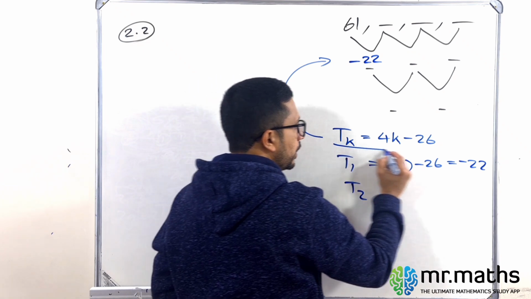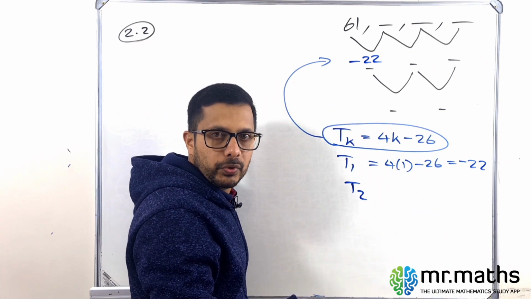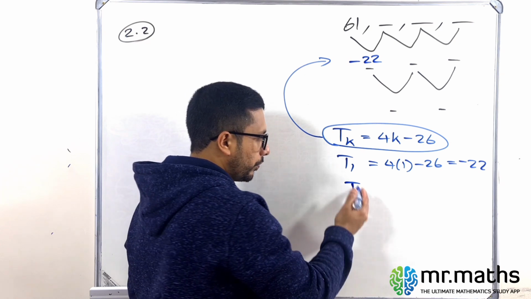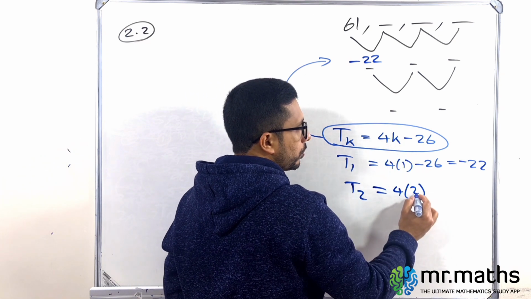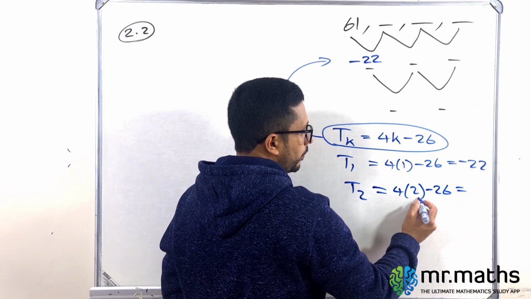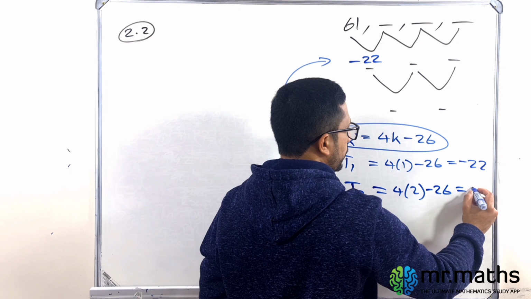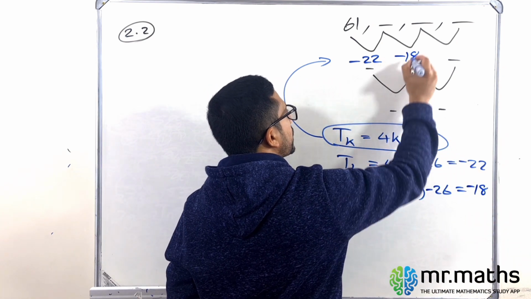It is given in the question that this one forms the first difference. So to find t2, 4 into 2, k value 2, minus 26. So it is 8 minus 26, which is minus 18. So the second term is minus 18.